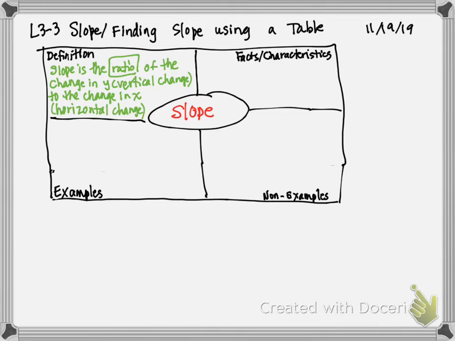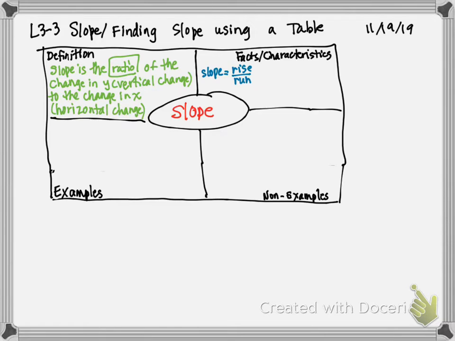Some facts and characteristics. Well, you guys probably studied last year other words for slope. Instead of the change in y over the change in x, it would be rise over run. The vertical change is the rise, the horizontal change is the run.